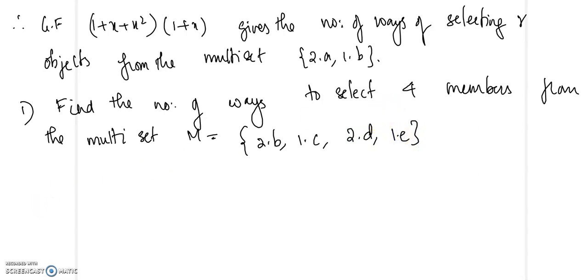So let us denote the sequence a_r by the number of ways of selecting r objects, and let us write the generating function corresponding to a_r.